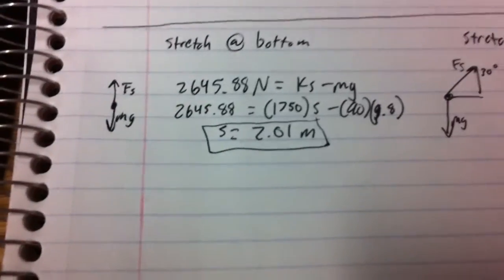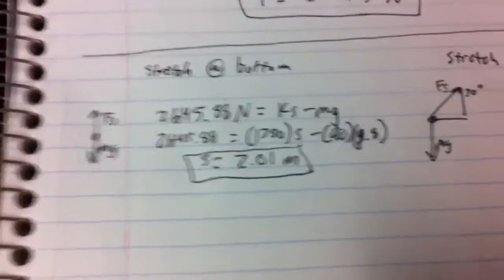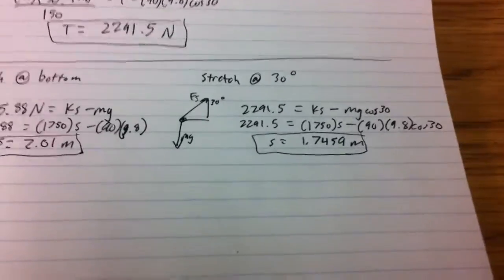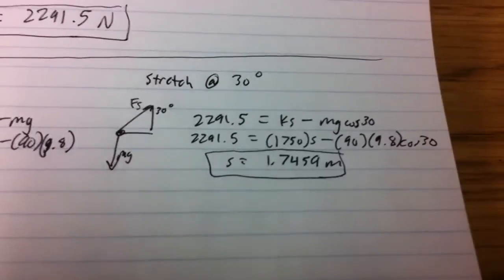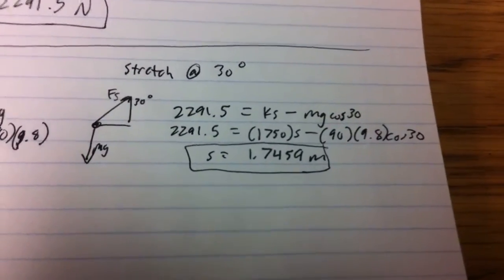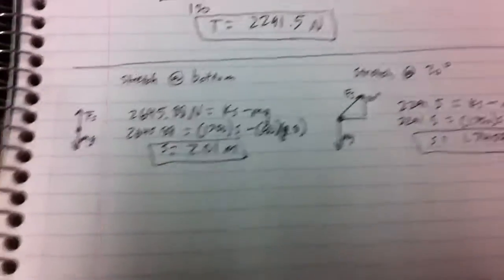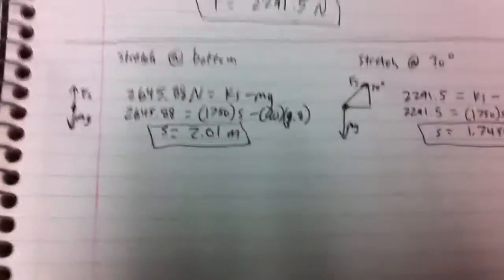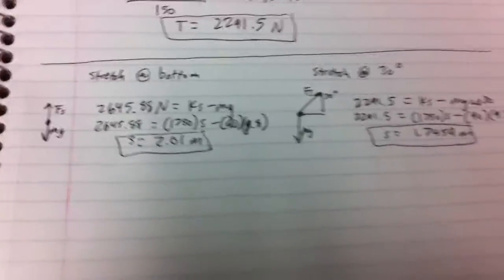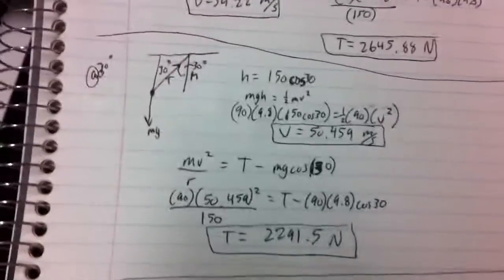And so spring force is Ks and gravity is mg, so using this we can find that the stretch is going to be about 2 meters. And then same thing over here for at 30 degrees, we can see that the stretch is going to be about 1.79 meters. So it stretches out more at the bottom, there's more force at the bottom, and it's moving faster at the bottom, so yeah, that's a rough estimate of what it's supposed to be.